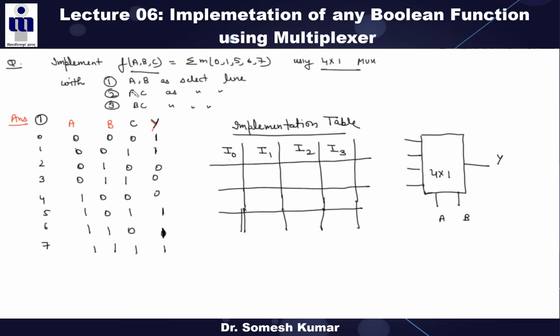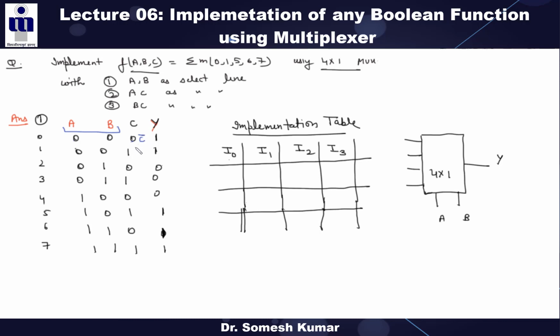Now see, it is given AB is your select line. If both A and B are 0, 0, then C is basically your C bar, right?